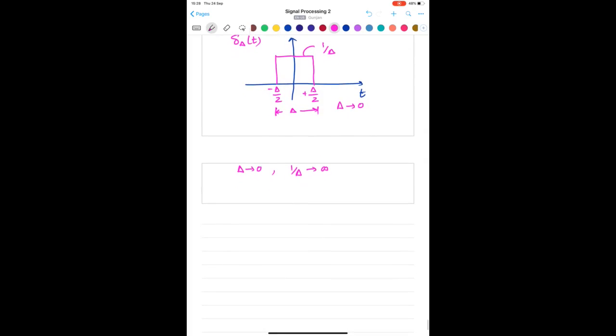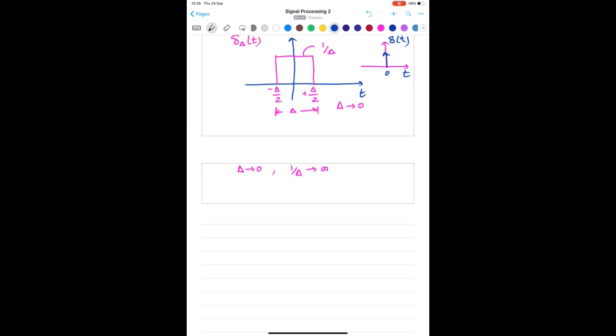Now generally the impulse function is shown like this, with an arrow pointing upward.